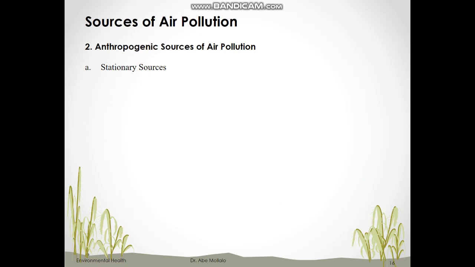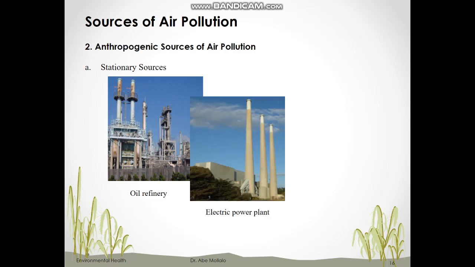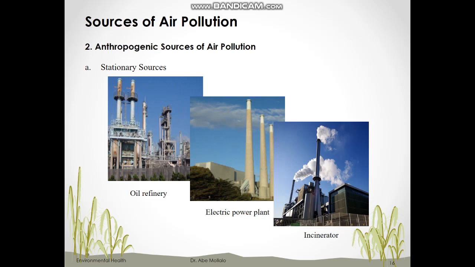Anthropogenic sources can be stationary, like oil refineries and chemical plants, and electrical generating plants, and of course incinerators, which we are familiar with from solid waste management lecture, that could contain hazardous material like heavy metals.